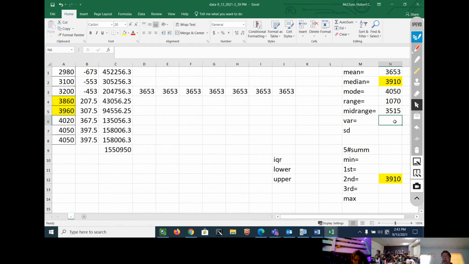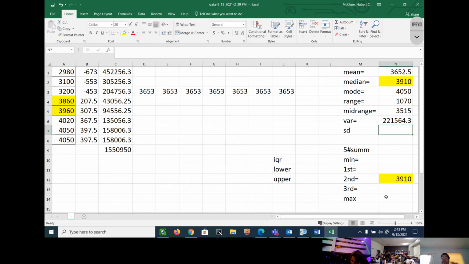And that's the numerator. What's 8 minus 1? 7. That'll be your variance. And then the standard deviation is equal to that number raised to the 0.5 power. And that doesn't look right.